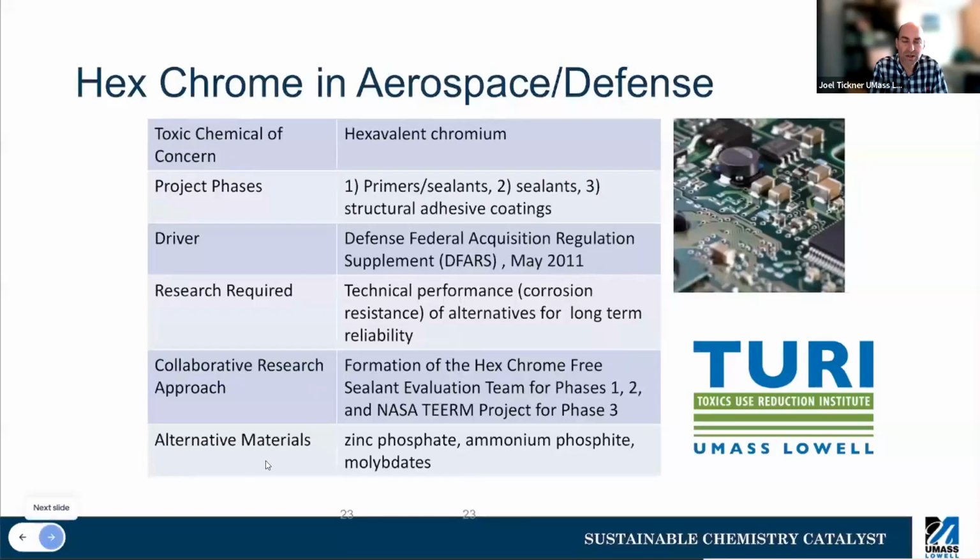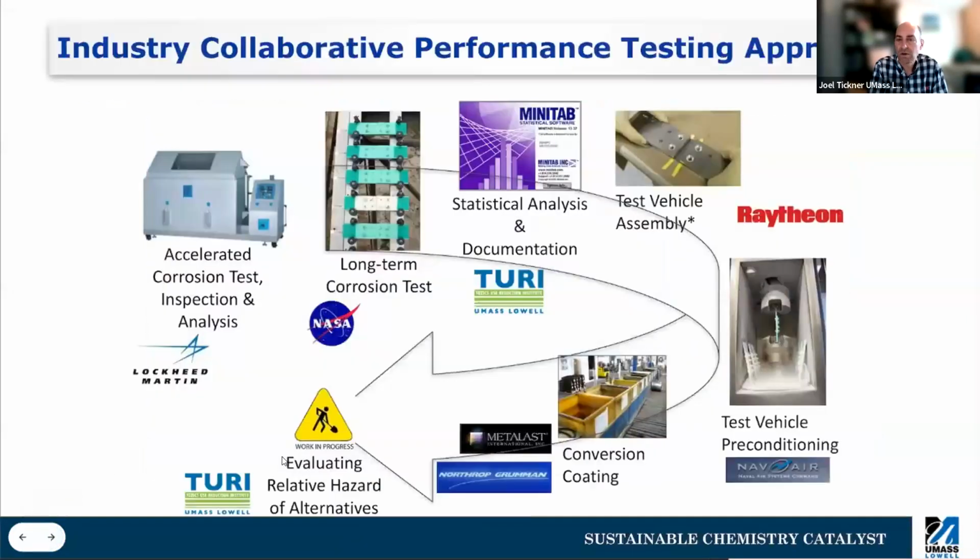So we brought together government agencies, we brought together companies. They shared their testing and research capacities. We facilitated the consortium that not only evaluated the hazards of the alternatives, but then tested those alternatives in the actual machinery used by those aerospace companies.